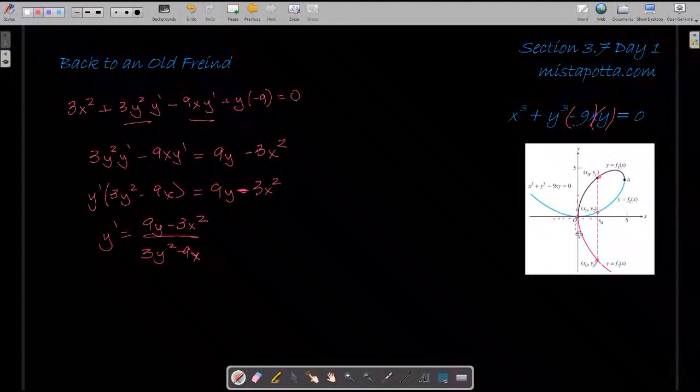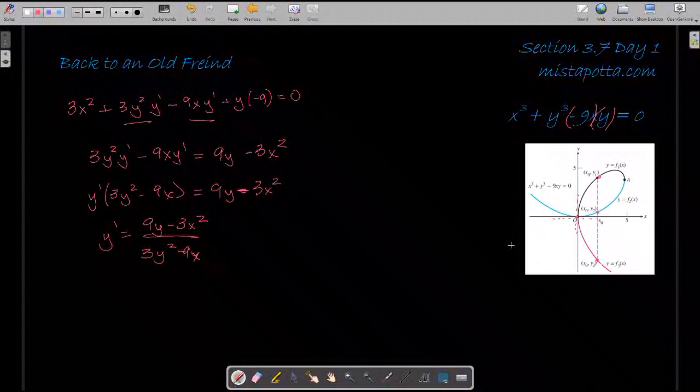So the idea behind implicit differentiation is that it gives us a lot more power to deal with relations, and it also allows us to find a simpler closed form for the derivative, although it may involve both x and y, a lot easier than trying to solve for y explicitly in terms of x and then taking the derivative.